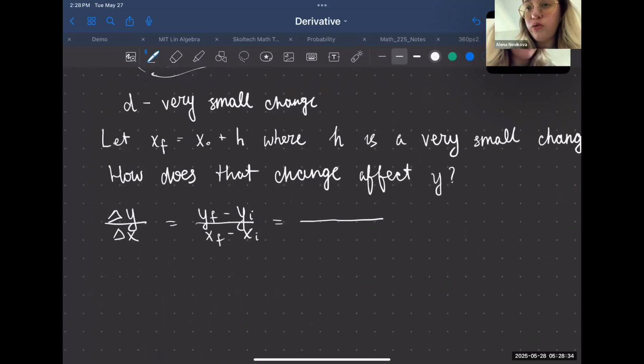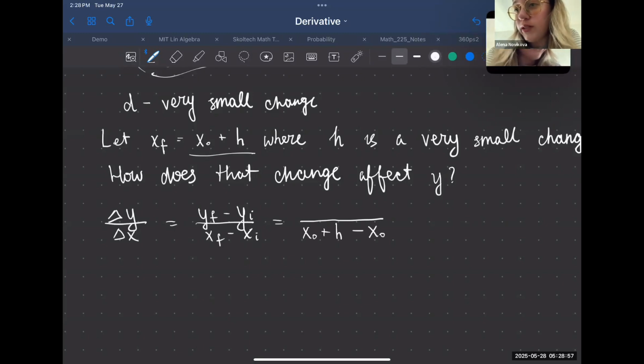Okay, so what is x final? Well, we just define it as x naught plus h, and x initial is just x naught. So I hope you can see clearly why our denominator expanded to this.